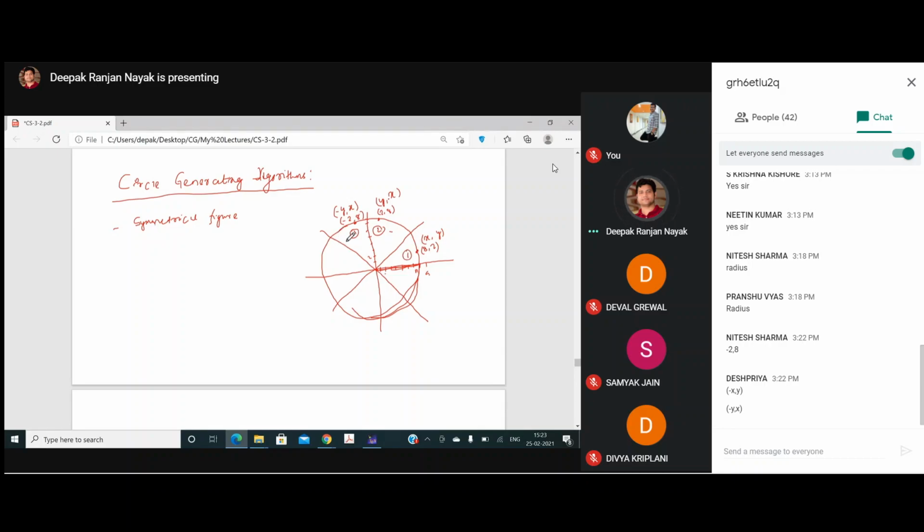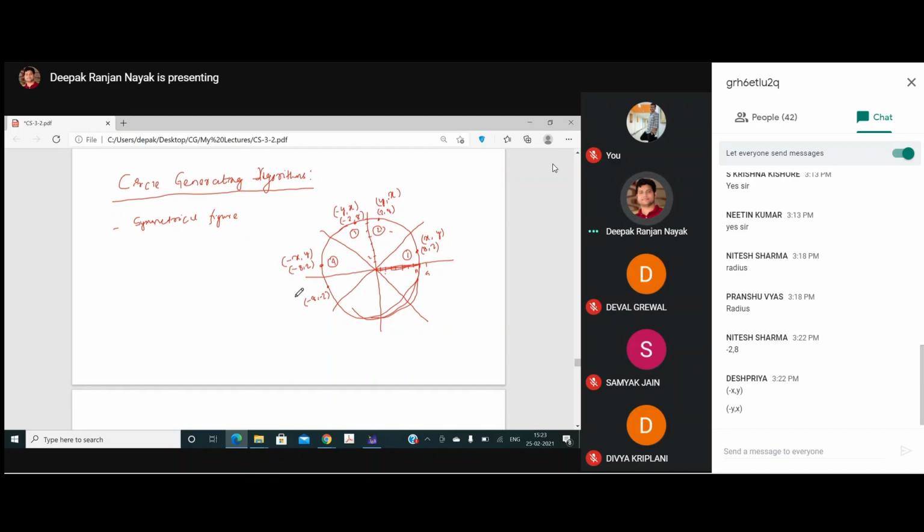What about this? This is nothing but -8, 2. This can also be generated, which is -x, y, right? Which is in this quadrant. The fourth point. Then here it is -8, -2, right?